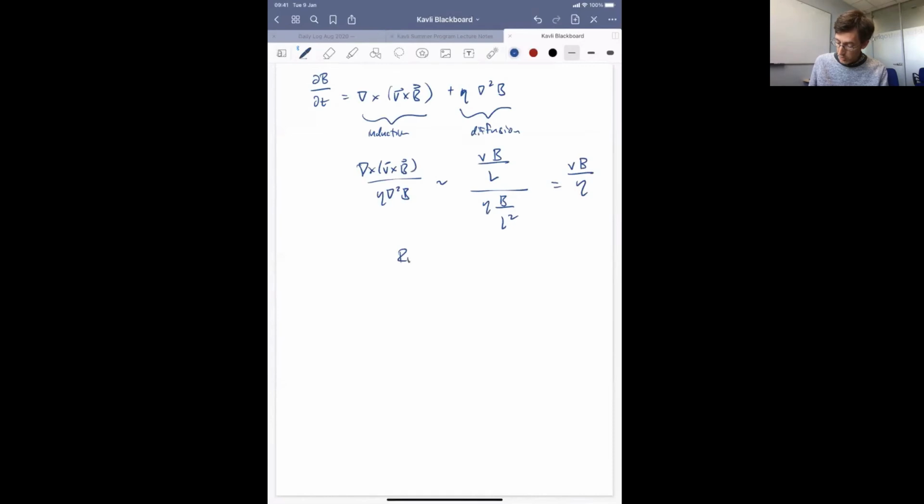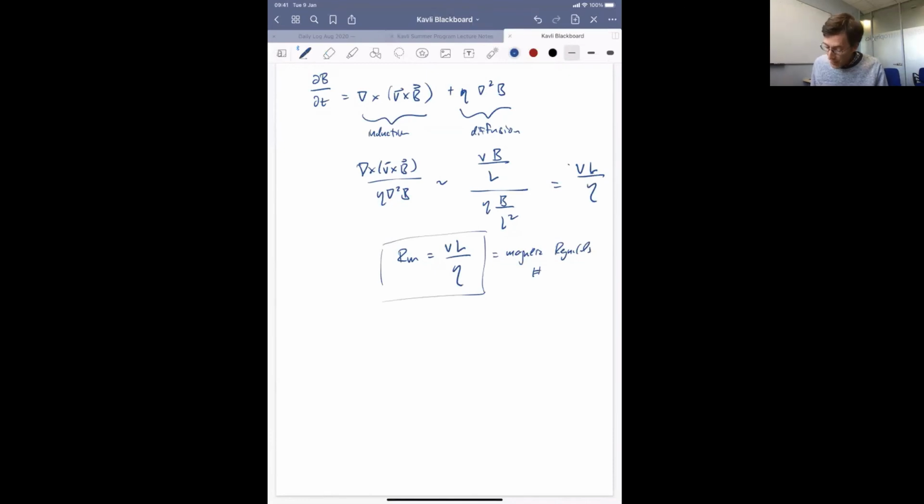This is called the magnetic Reynolds number, which is another one of our characteristic quantities that we're going to talk about a lot.